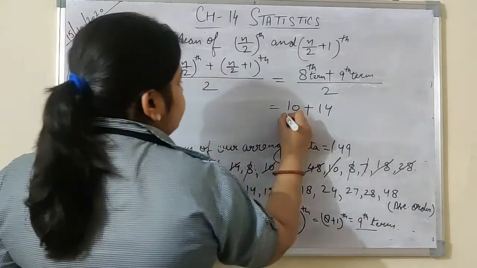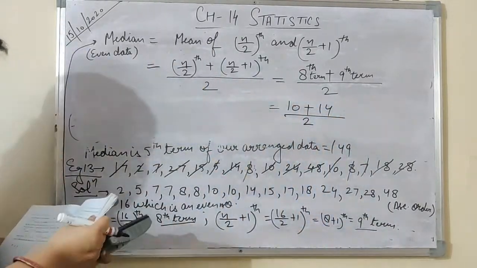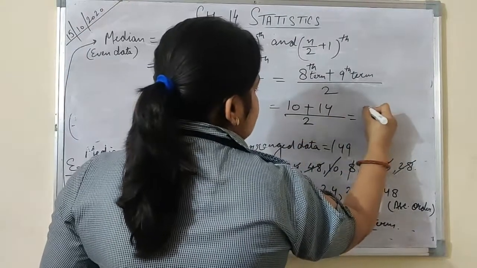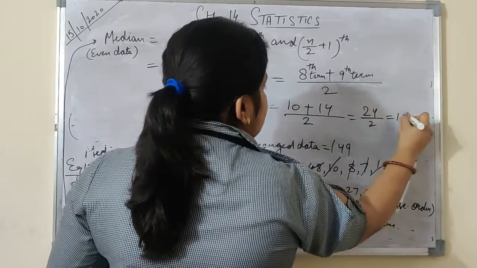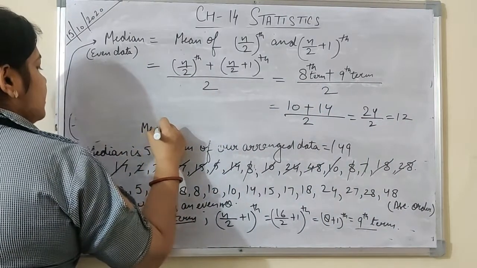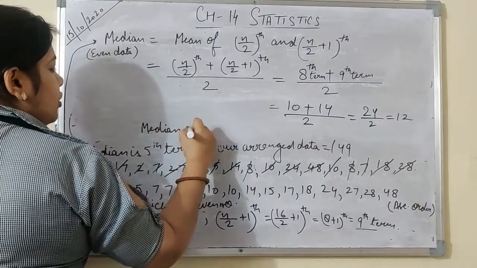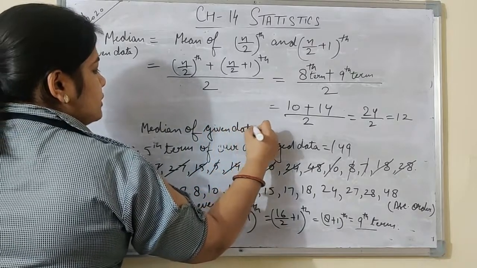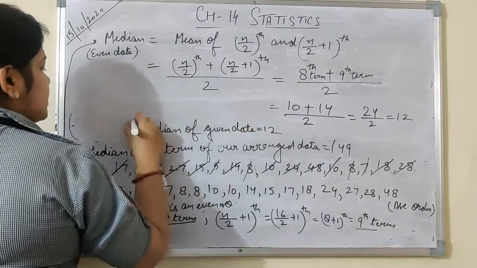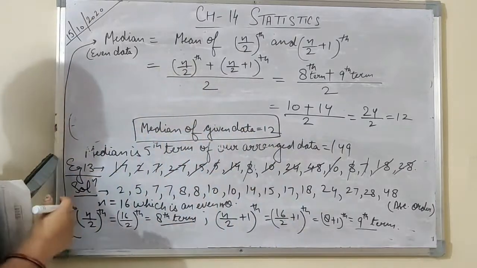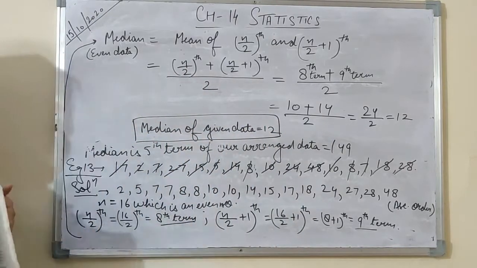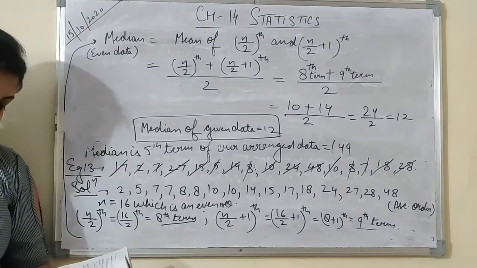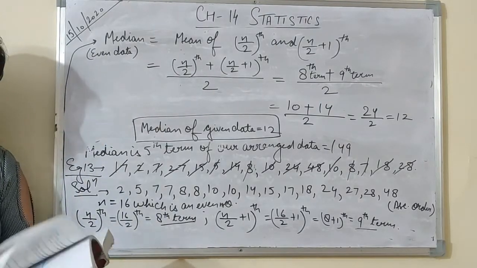After finding this, you will observe that the answer is 12, and that will be the median of the given data. So this is the formula for finding it. Like this you can find the median for even data also. I think till here there is no doubt.